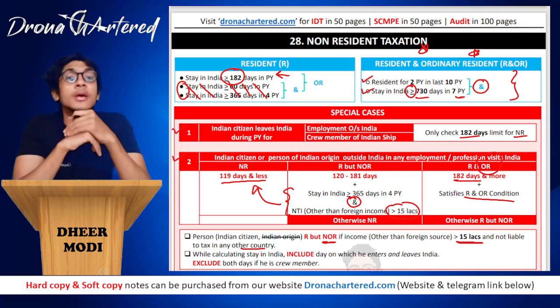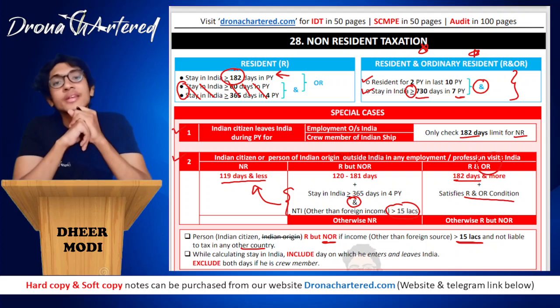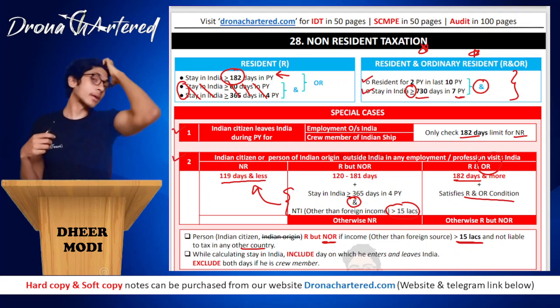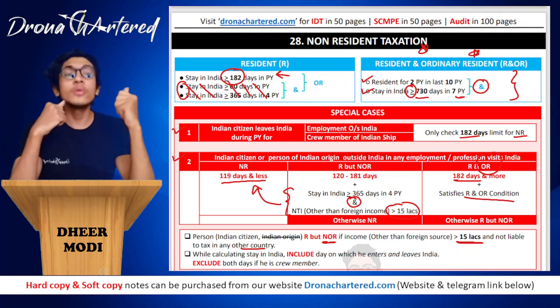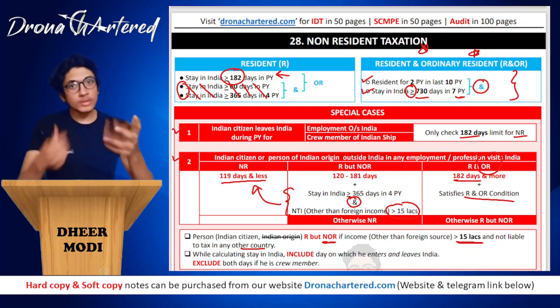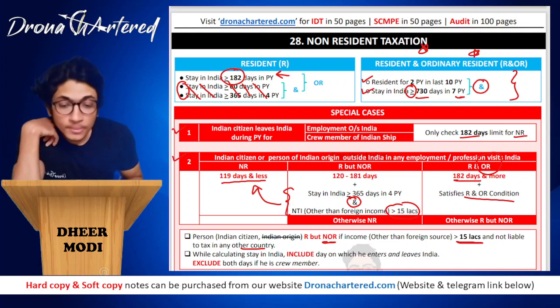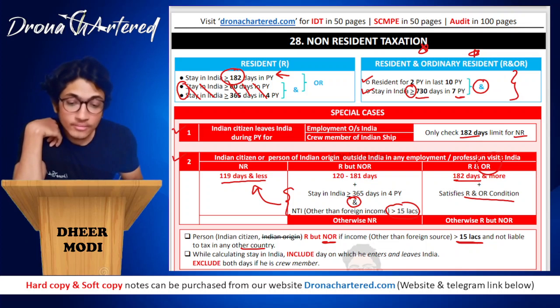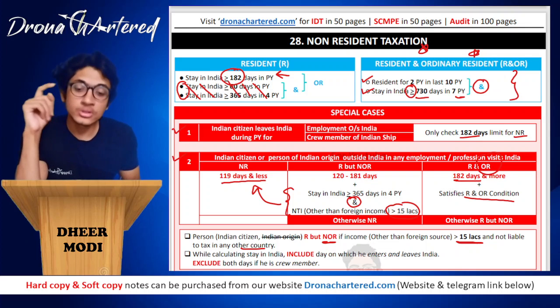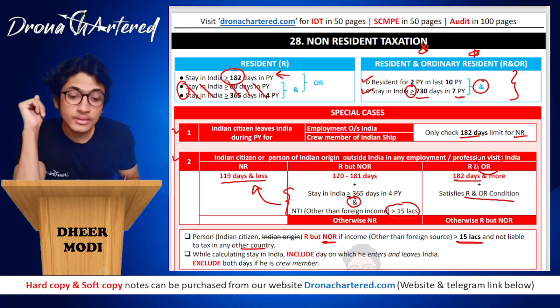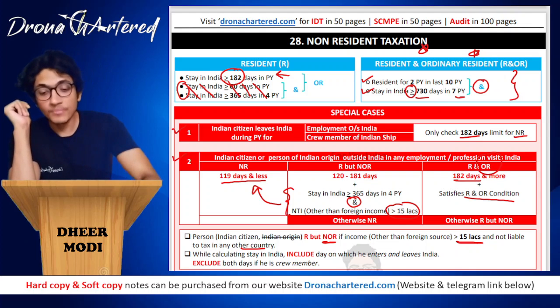If this person is not liable to tax in any other country and his NTI excluding foreign income is more than 15 lakhs, what do we do? We tell him, come to us, we will take tax from you. Remember, it is not Indian origin over here, it is only Indian citizen, therefore I have cut it.